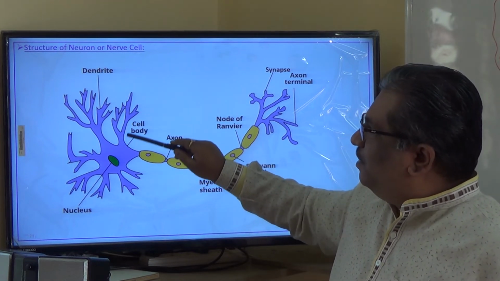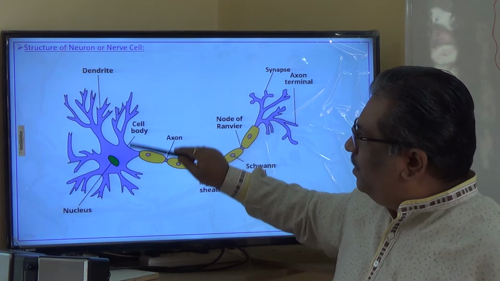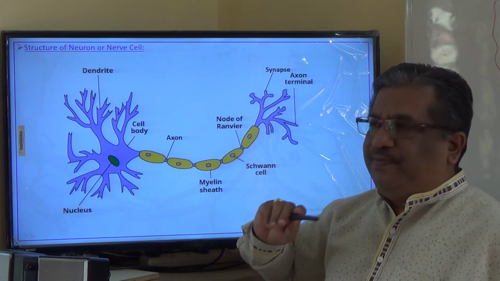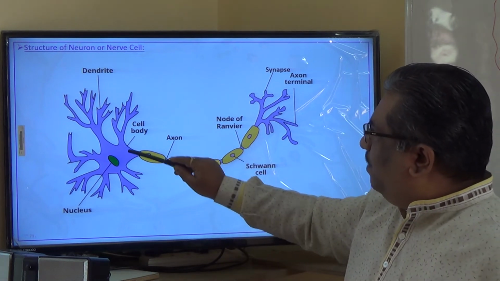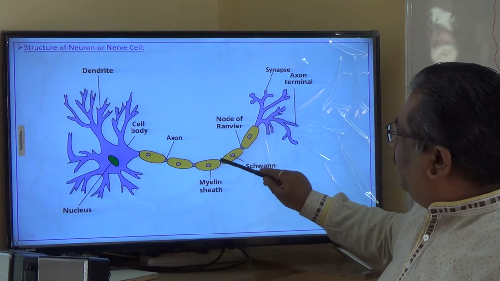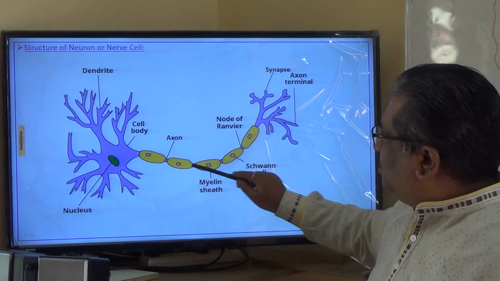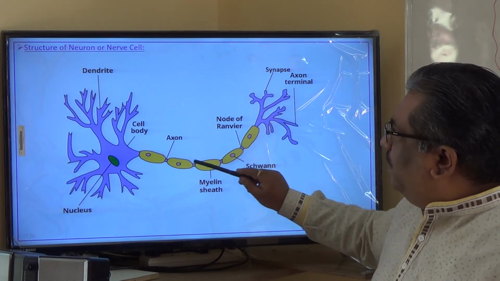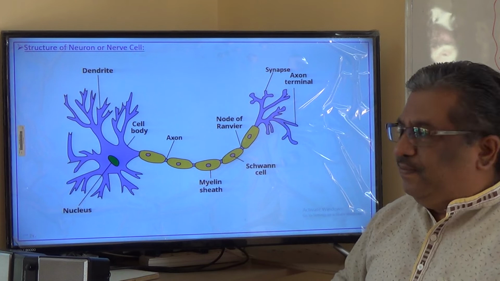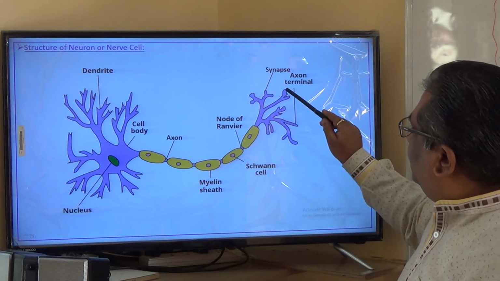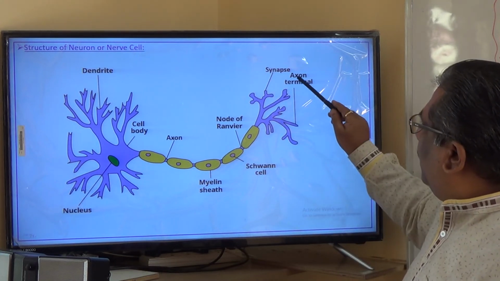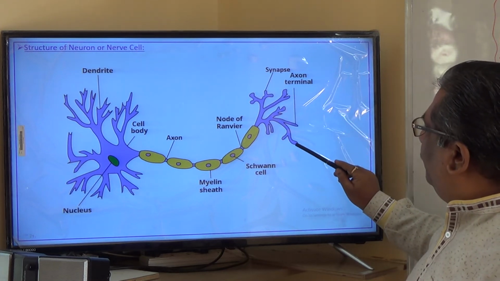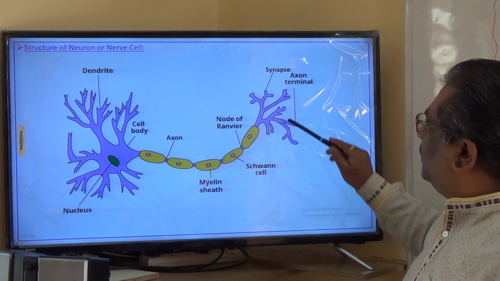These projections which emerge out of the cell body are called dendrites. From the cell body, one long thread-like fiber goes out, and this is called the axon. The ends of these axons are called axon terminals.